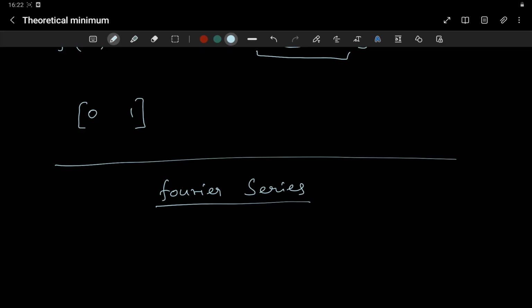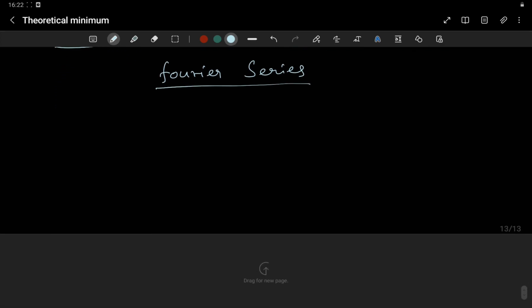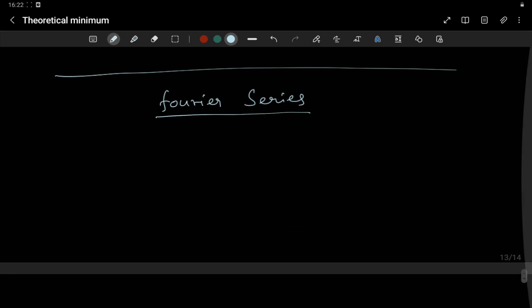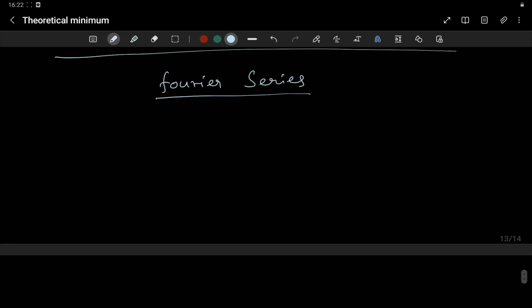Right. So where do we use this Fourier series? I mean, that's a formula, but what is the Fourier series? It's an approximation. Approximation of?